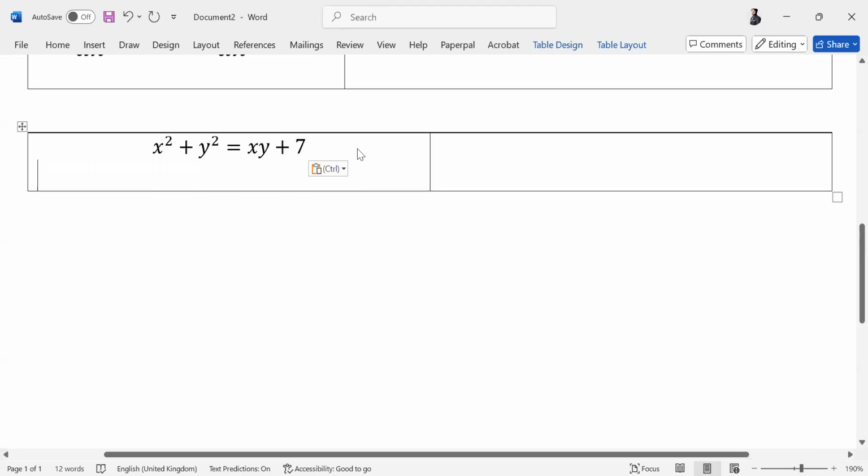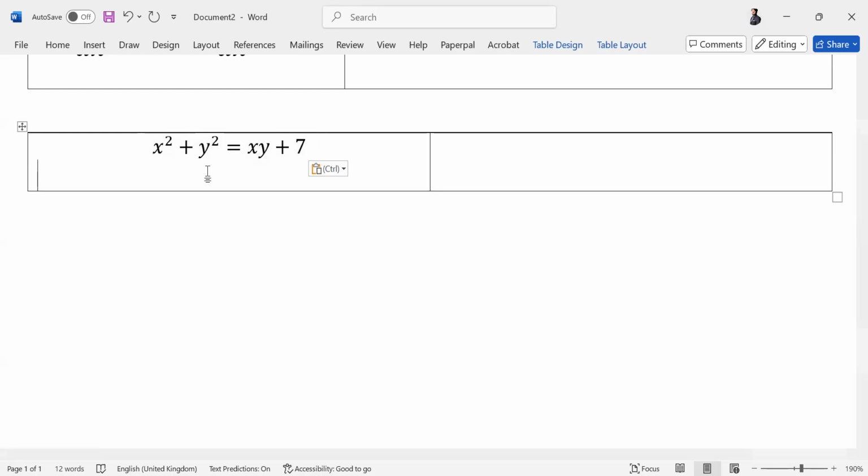Now, if I tell you to differentiate this with respect to x, now this is an implicit equation. You do not have y as the subject of the entire equation. It is not written as y equals. Y is a function of x, but it is somewhere inside. You explicitly do not know what y is as a function of x.